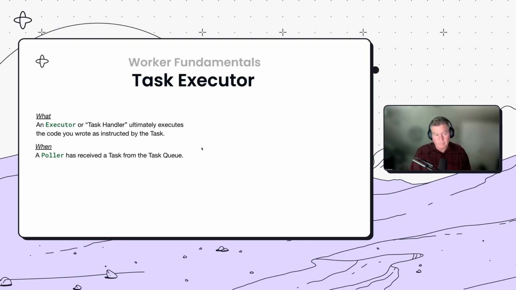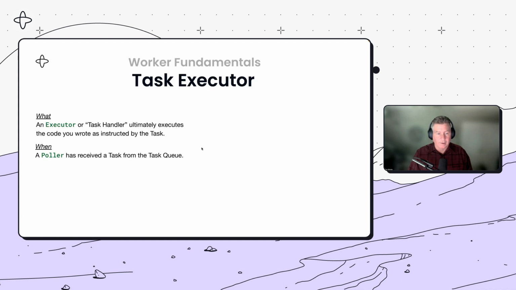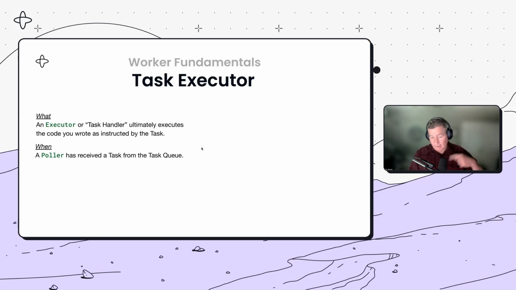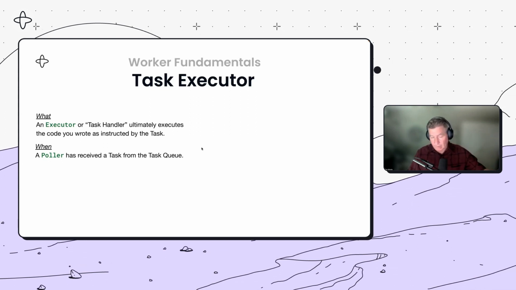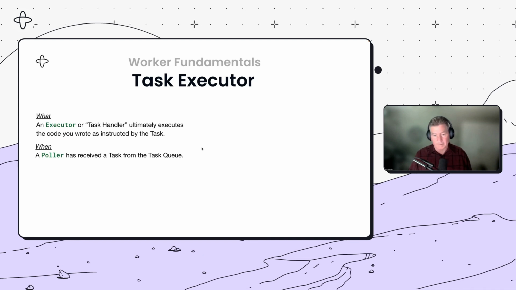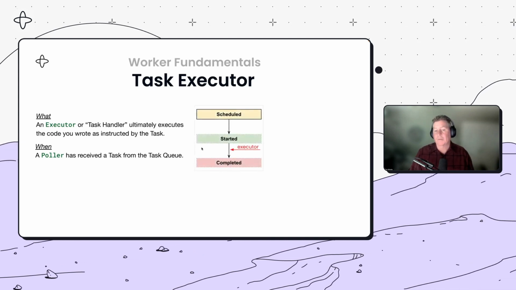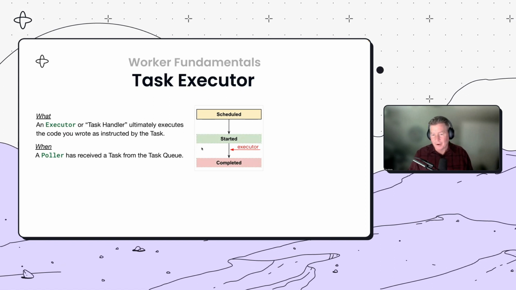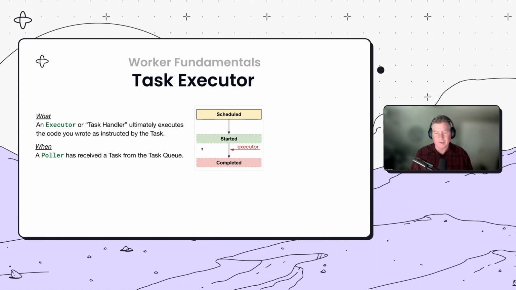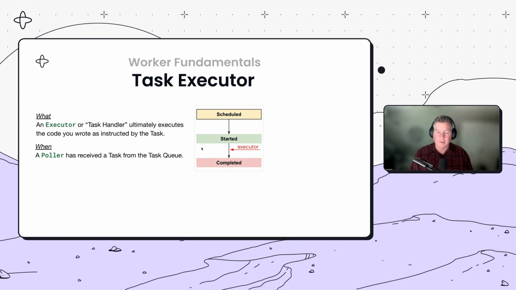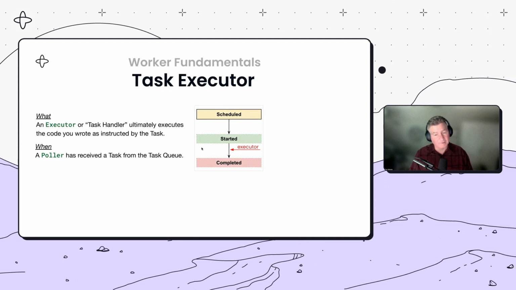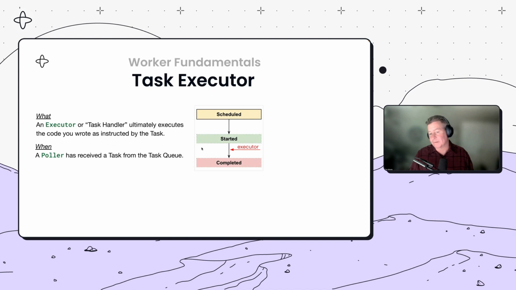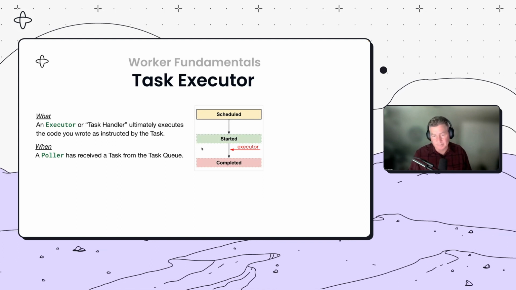Where did it come from? It came from a poller, and it received it from the task queue at Temporal Cloud. We'll talk about the details of that in just a moment. But if we were to put a "you are here" on the map, hopefully this executor shows you where we are in the cycle of a task. It's been scheduled previously, and now it's been started, and the executor is going to do that work.